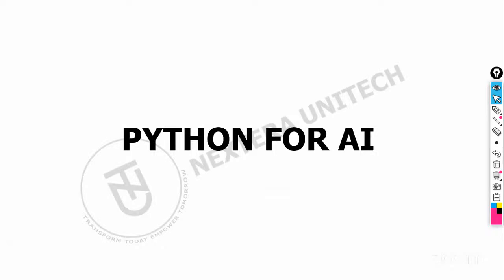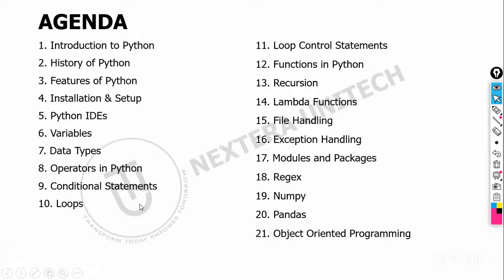So, we have successfully completed 3 days of our Python for AI program, right? And today is our fourth day where we are going to understand a new topic, right? In the previous session, we understood the concept of fundamental category data types. We started with Python, then the history of Python, followed by features, and then the installation and fundamental concepts like variables.